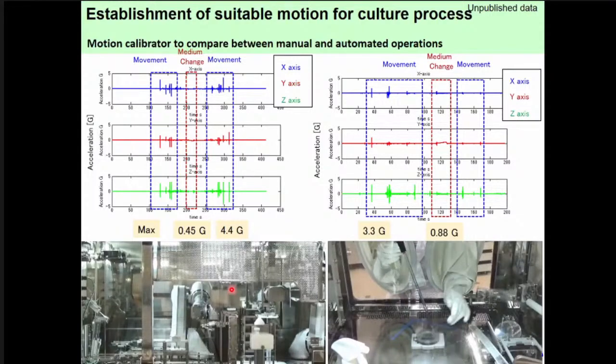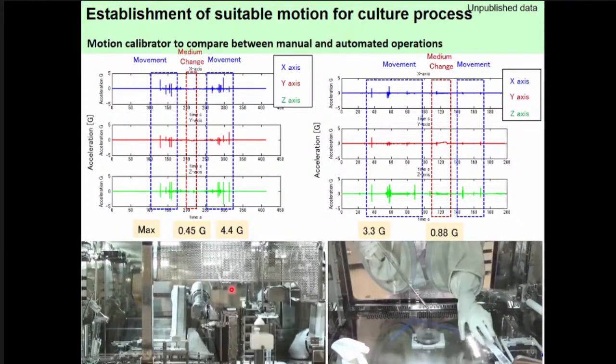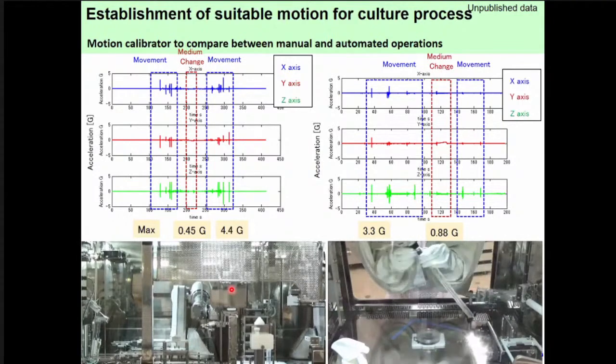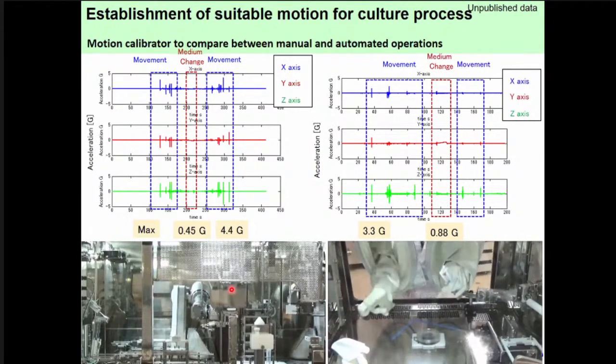Maybe you know that manual operation has some motion, acceleration and deceleration, and looks like a smooth motion by hand. But the robotic machine normally, from the viewpoint of the simple program, does acceleration, same speed and deceleration.